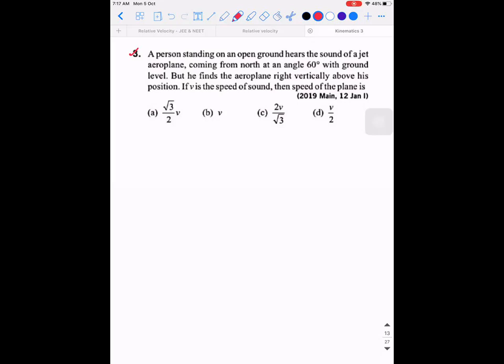Is this scenario possible? Guys, are you able to understand this question? What exactly are they trying to say?